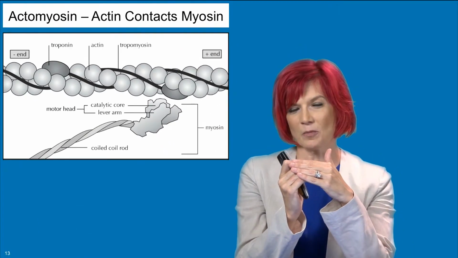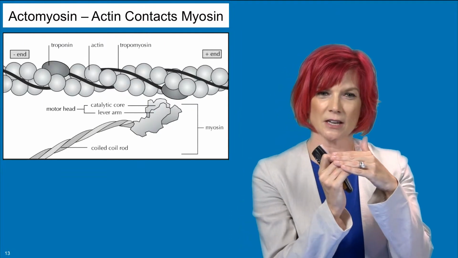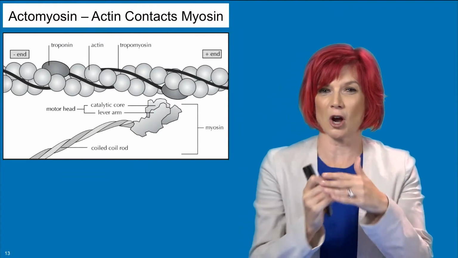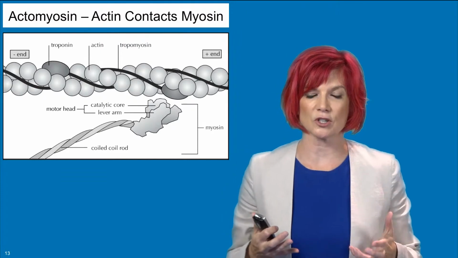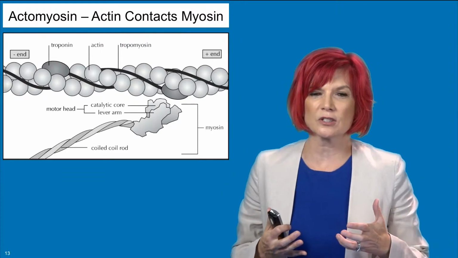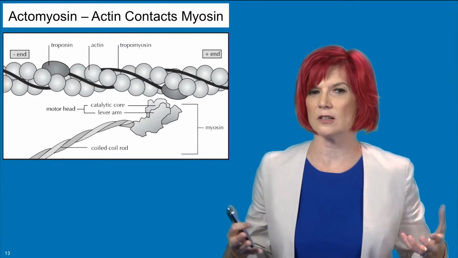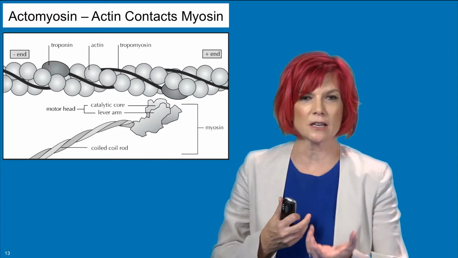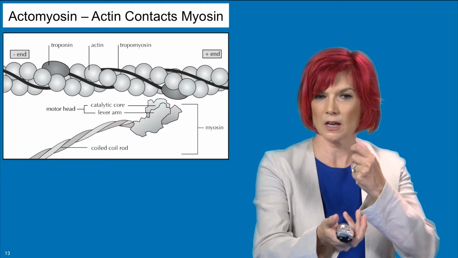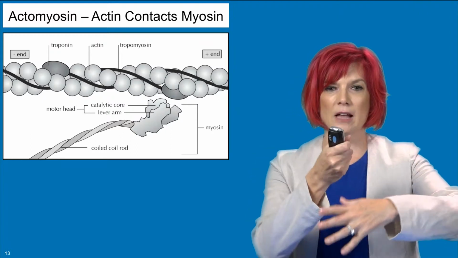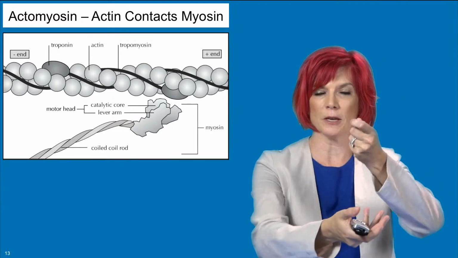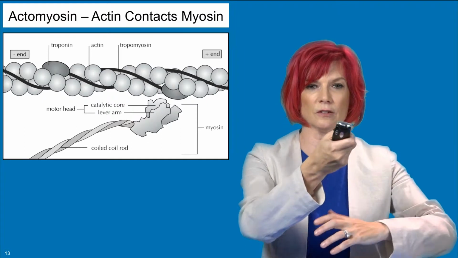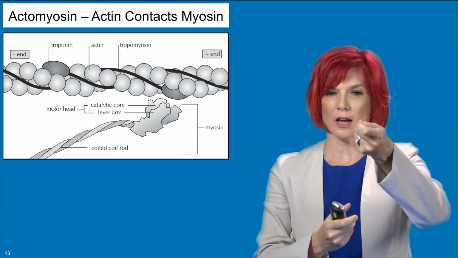So the actomyosin contact is what we often refer to when we talk about the Crossbridge cycle. And the Crossbridge cycle is this wonderful series of complex molecular events that translates into this wonderful movement of the myosin head as it's contacting the thin filament and pulling the thin filament toward the M line.